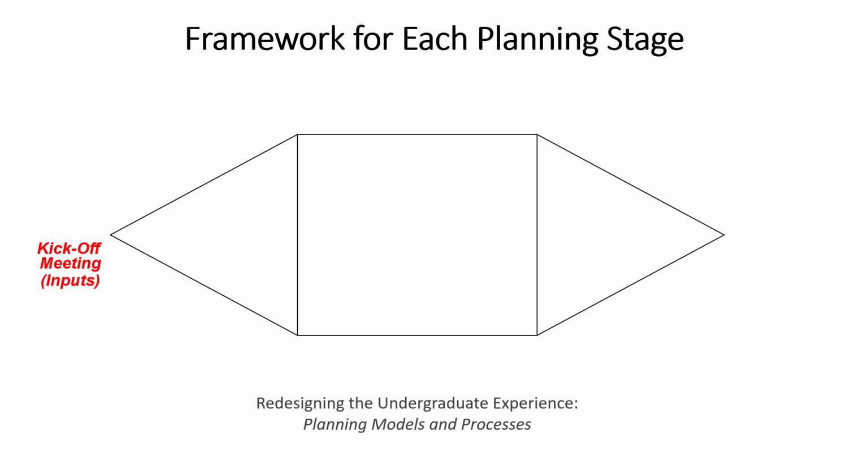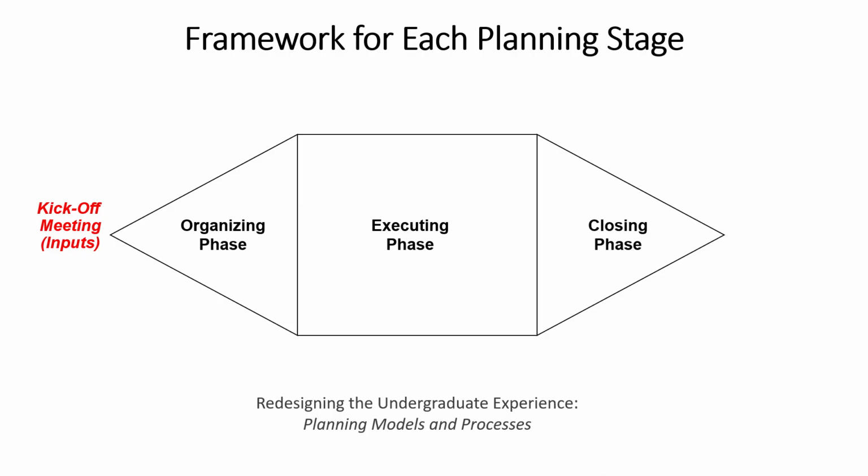Each stage begins with a kickoff meeting where the outputs from the previous stage or steps are reviewed and become inputs for this stage. The stage continues with an organizing, executing, and closing phase. At the end of the closing phase, outputs or deliverables are completed and delivered. These outputs become the inputs for the next stage of the planning process.